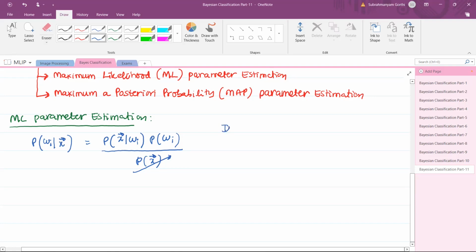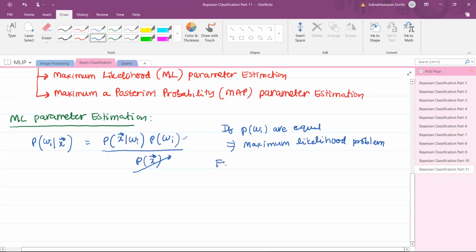And if the probabilities of omega i are equal for all classes, then finding the class is equivalent to assigning x bar to that class for which the likelihood is more. So that means it is a maximum likelihood problem. That's what you are doing.